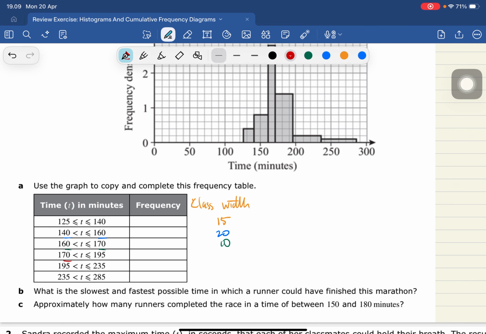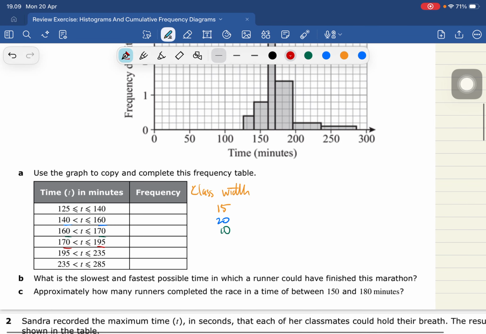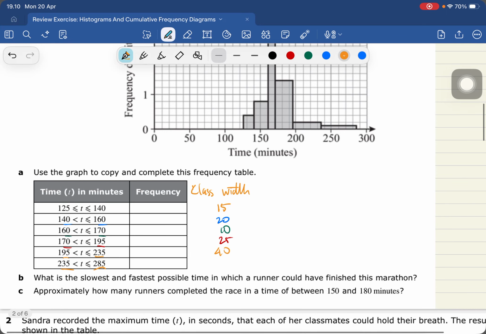Then 170 to 195 is 25. Continue, here 195 to 235, we got 40 as the class width, and here from 235 to 285 is 50. So we got all the class widths.